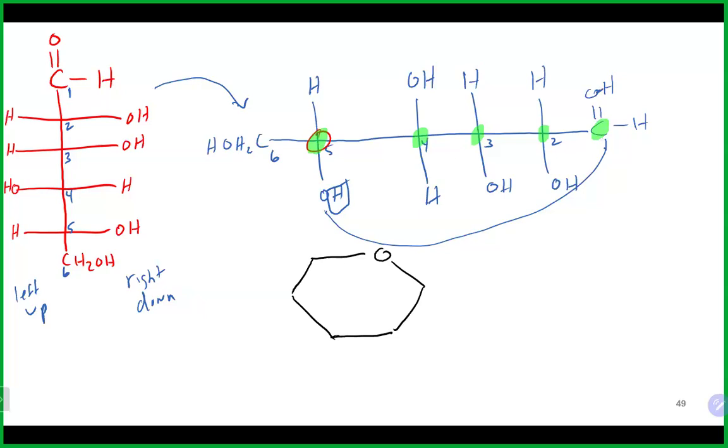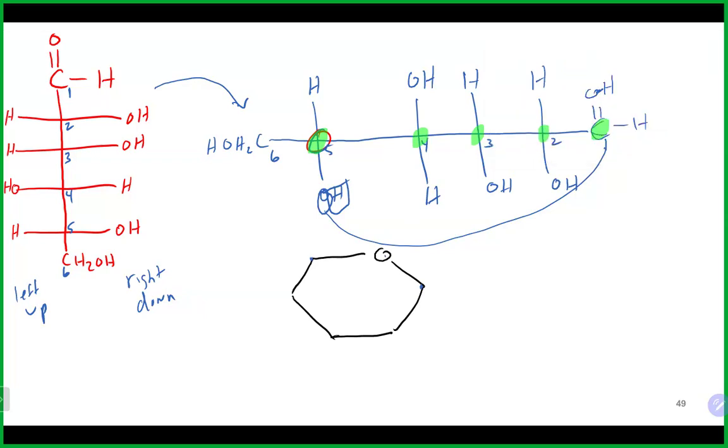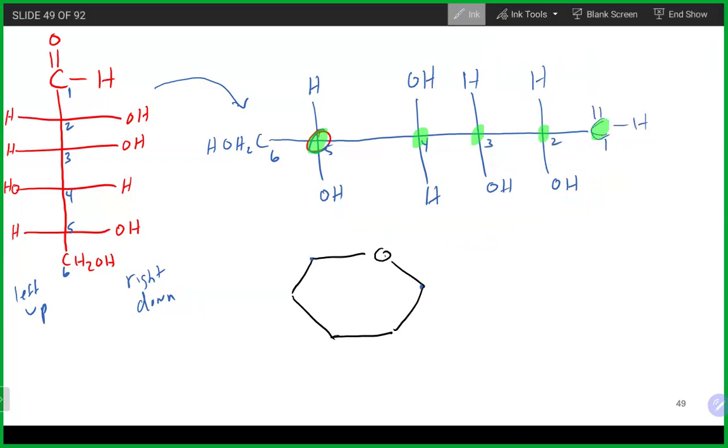That's going to give us our carbon, oxygen, carbon, carbon, oxygen, carbon type situation. And that's what's going to make our hemiacetal in this sort of form. So before I littered it there, let me unlitter it so we can see what we had going on there first. Okay, so let me put my O back there.